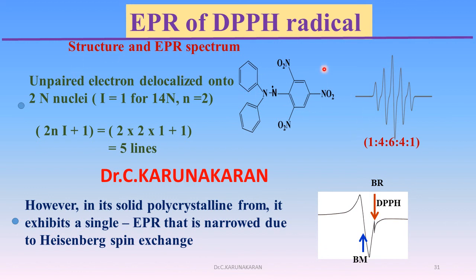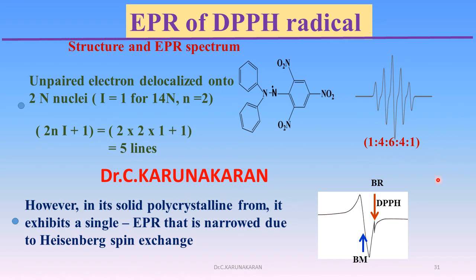Okay, let us see the structure of DPPH. The unpaired electron is delocalized over two nitrogen atoms. Therefore, I equal to 1 for nitrogen 14. There are two nitrogen atoms, 2nI plus 1. There are 5 lines with the intensity ratio as obtained here.